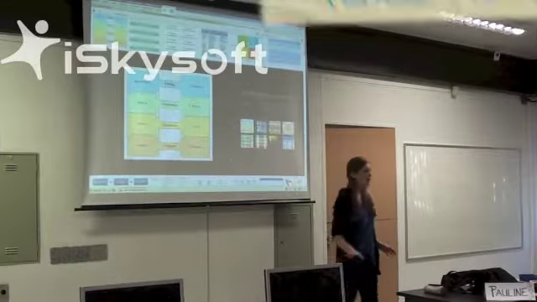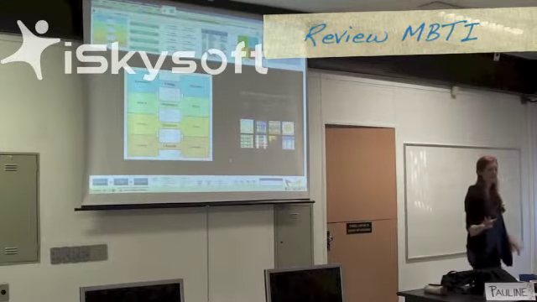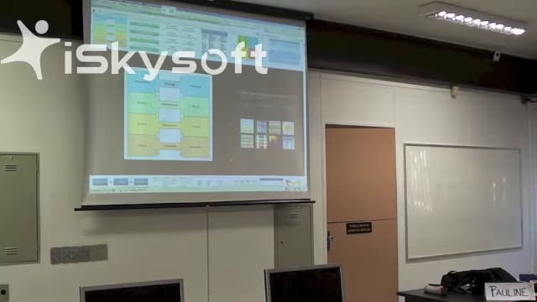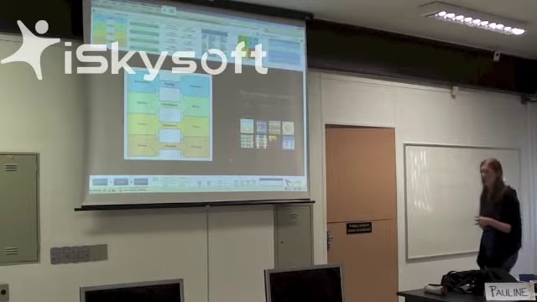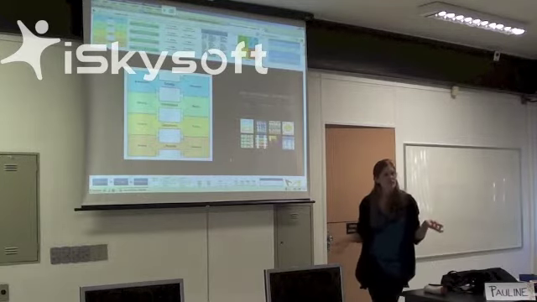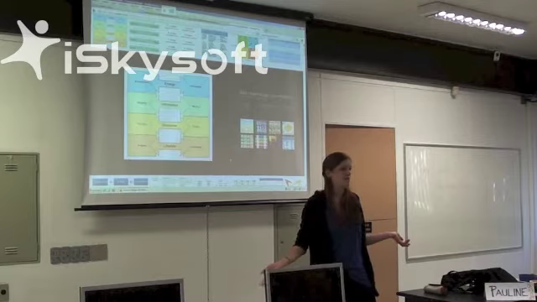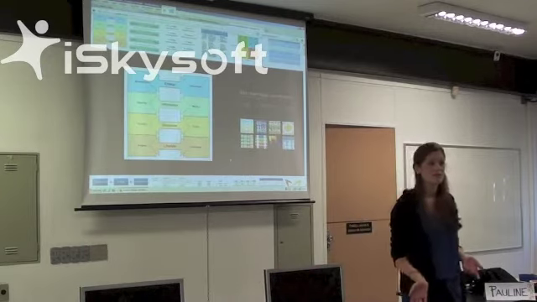So we talked about how each person gets 4 letters from the test. And these are different dichotomies. And this represents what we think, the way we think we are, the way we think we act in different situations. And why do you think it's important to know this? Or do you think it's not important to know this?